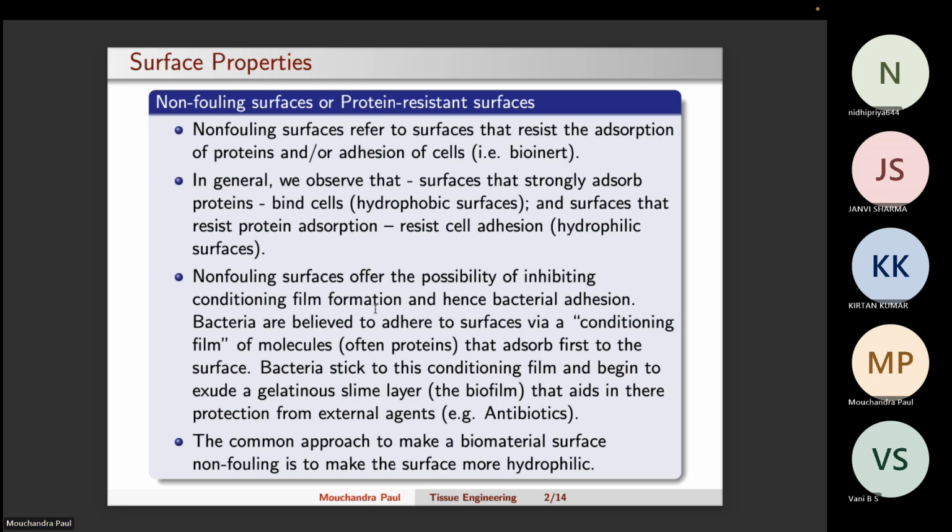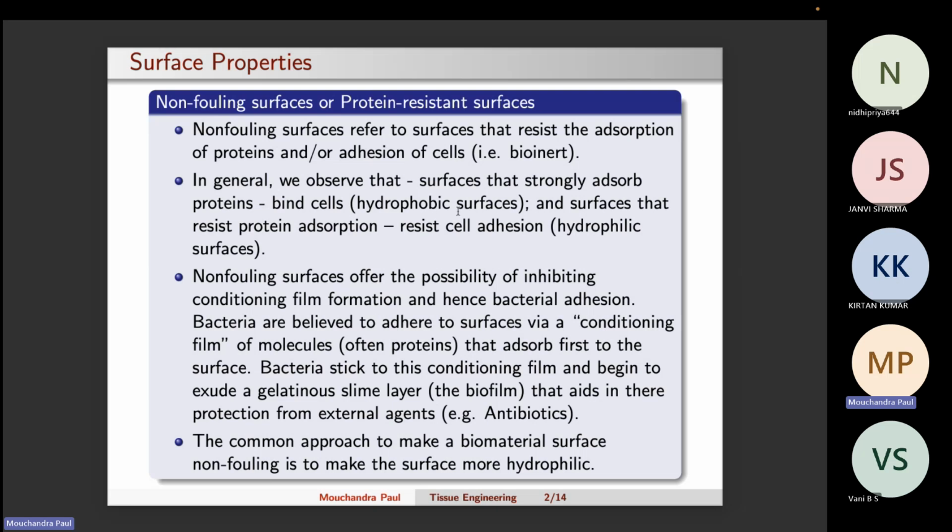We ended the previous lecture with a note that we need to optimize the level of hydrophobicity and hydrophilicity to optimize how much cells will adhere on the surface. We need both of these characteristics, but at an optimum level.